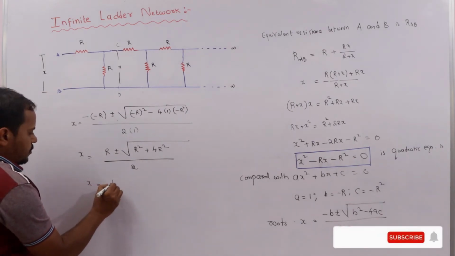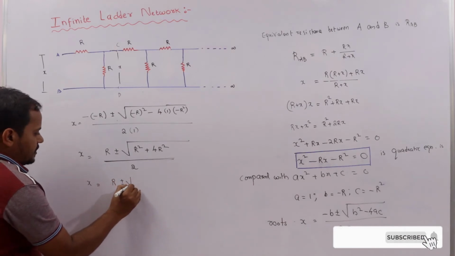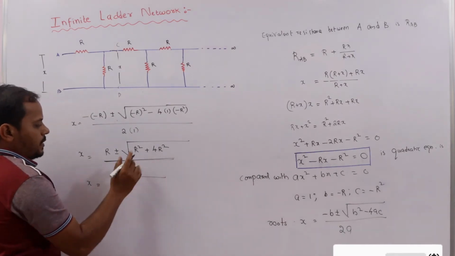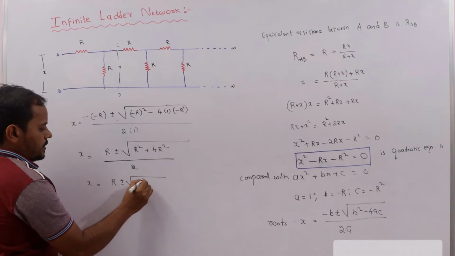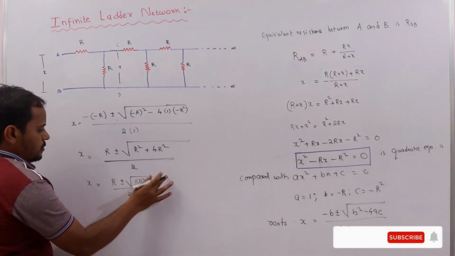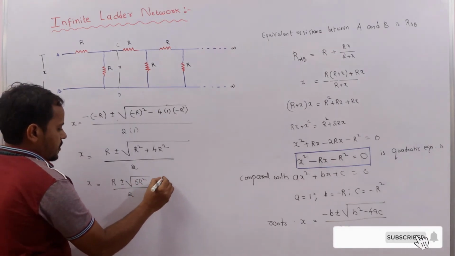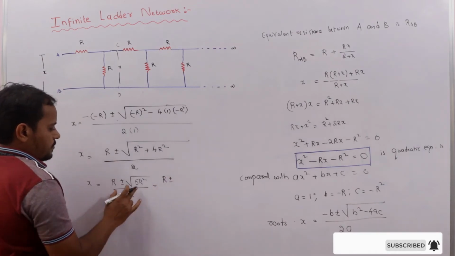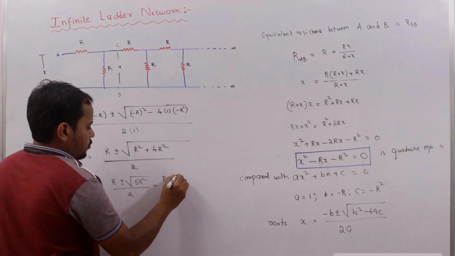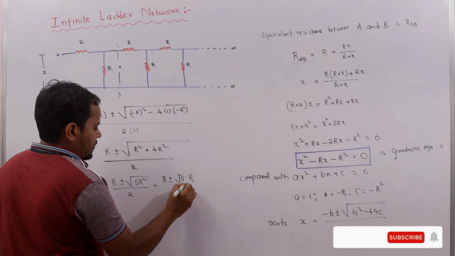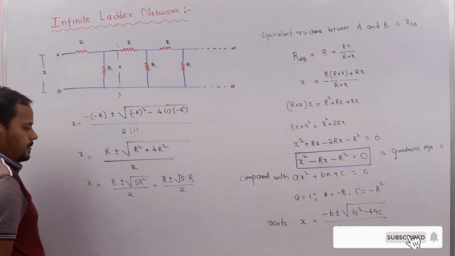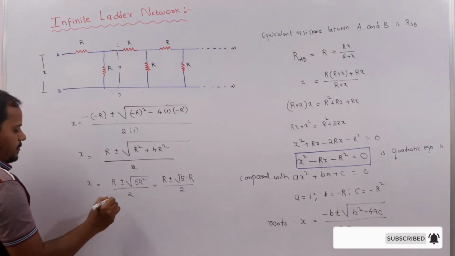So X is equal to R plus or minus root over R square plus 4R square, which is 5R square, by 2. So here R plus or minus root 5 into R by 2. Okay, so finally what answer will we get, sir?